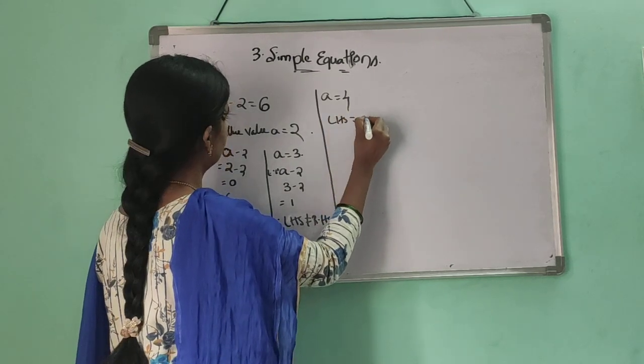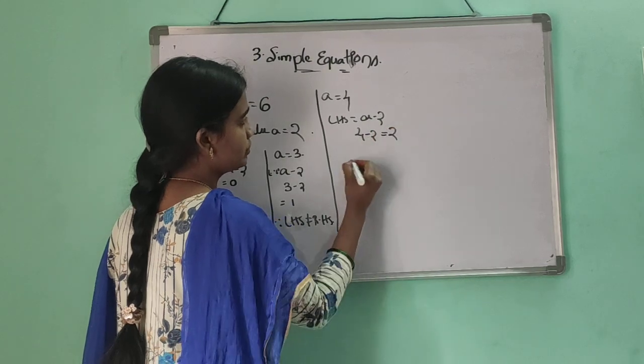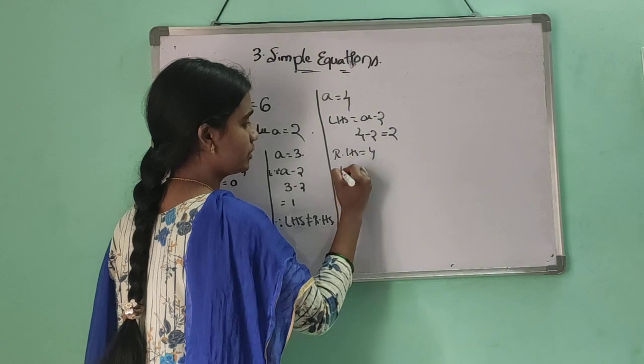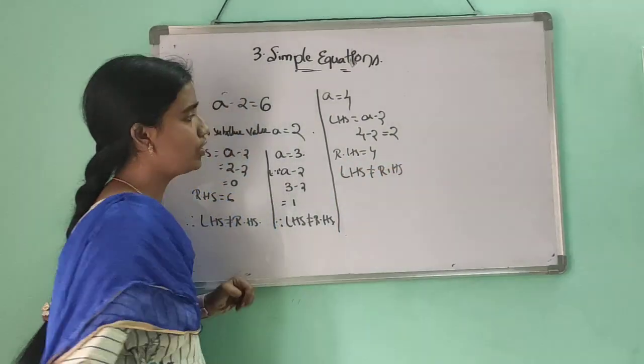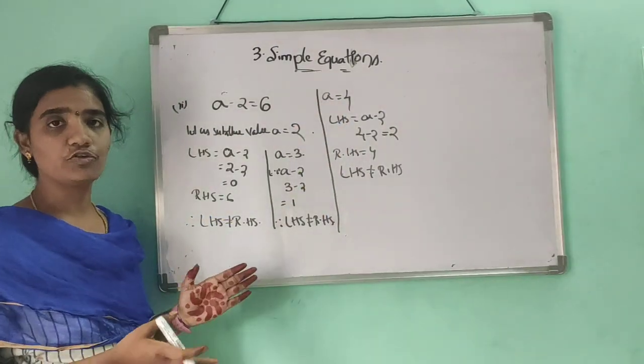LHS equal to A minus 2, 4 minus 2, 2. RHS equal to 4. So LHS is not equal to RHS. A equal to 4 is also not suitable.